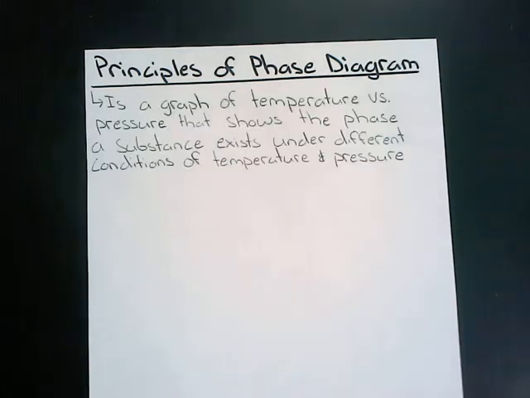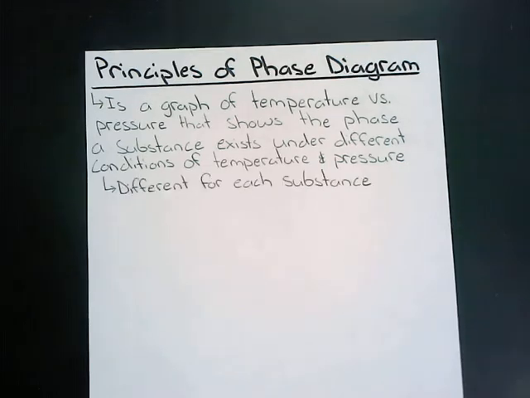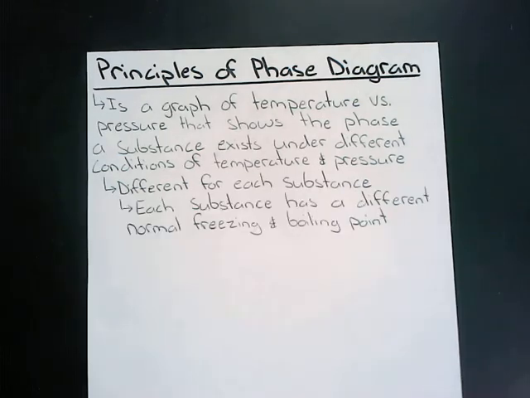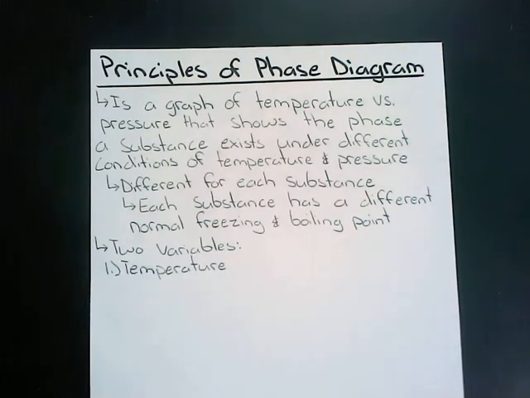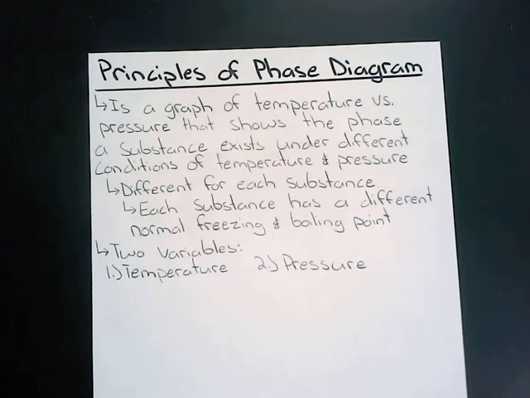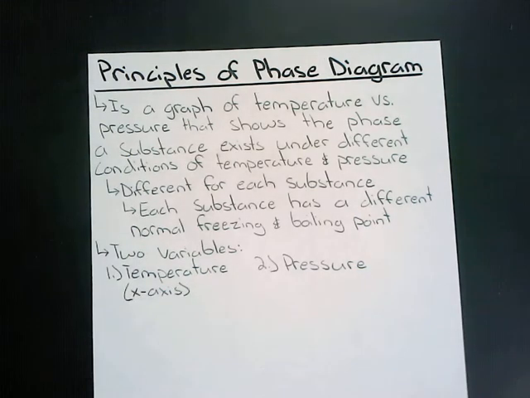Each phase diagram for each substance is going to be different, and that is because each substance has a different normal freezing and boiling point. There are two variables on a phase diagram: temperature and pressure. The temperature is on the x-axis, and the pressure is on the y-axis.